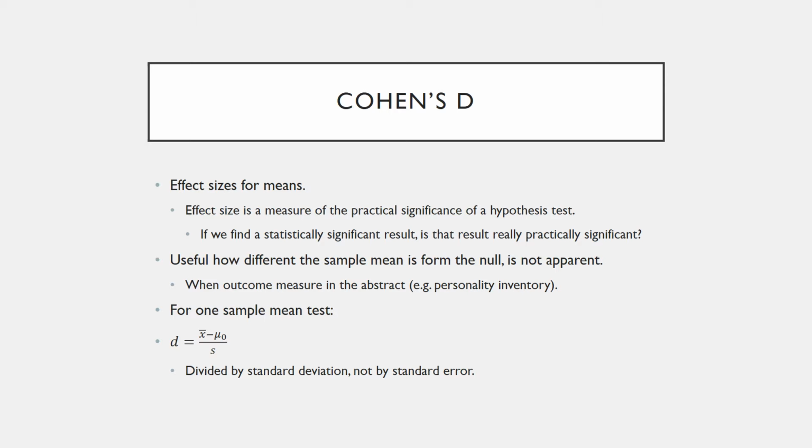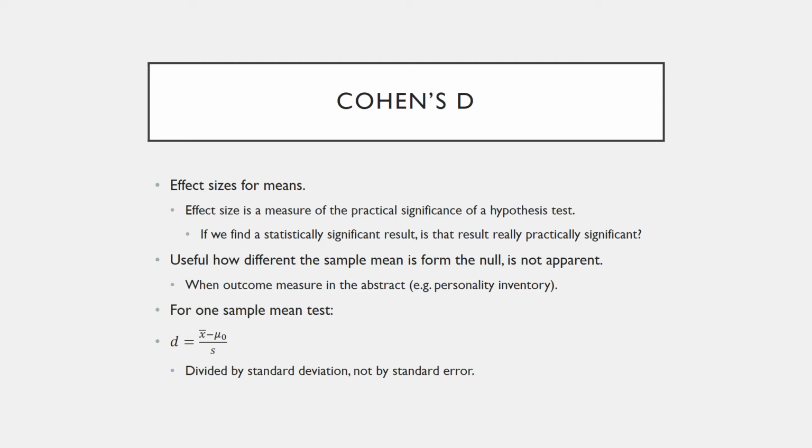I've been giving an example of pizza delivery times, and if you find a significant difference from, say, 30 minutes for the average, that's great, but is that really a practically significant result? If it's half a minute for delivery times in the average, that's probably something you don't really care about.